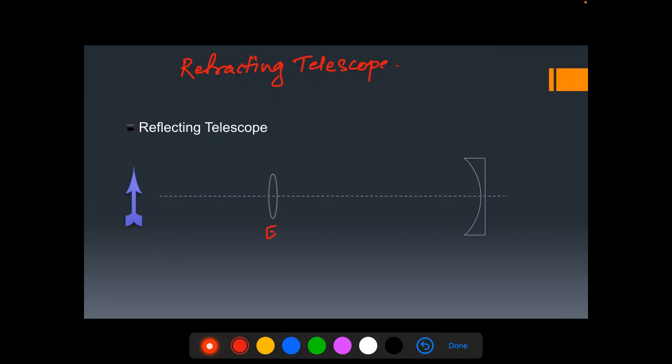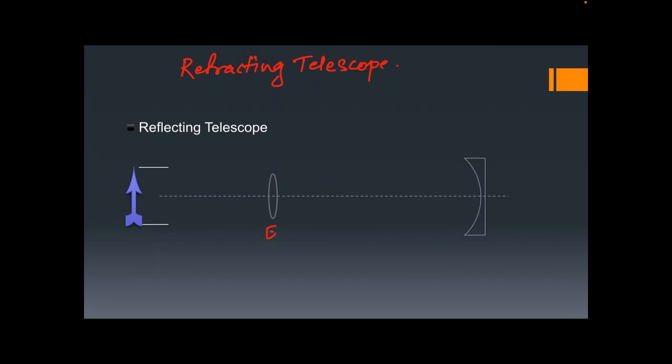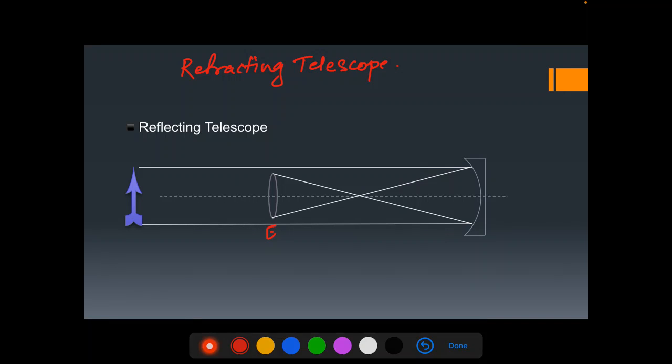Now the basics of the reflecting telescope. We know the objective of the reflecting telescope is a concave reflector objective that we can see over here. This is the objective, this is the eyepiece, and this is the object which we are going to observe, the celestial object which is far away from us. The light coming from that object is first incident on the reflector objective.